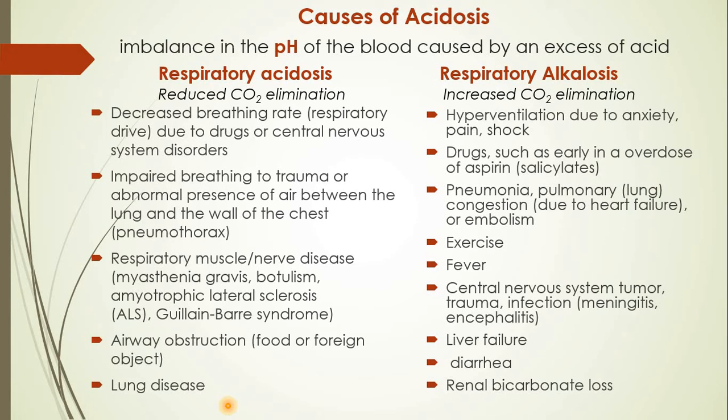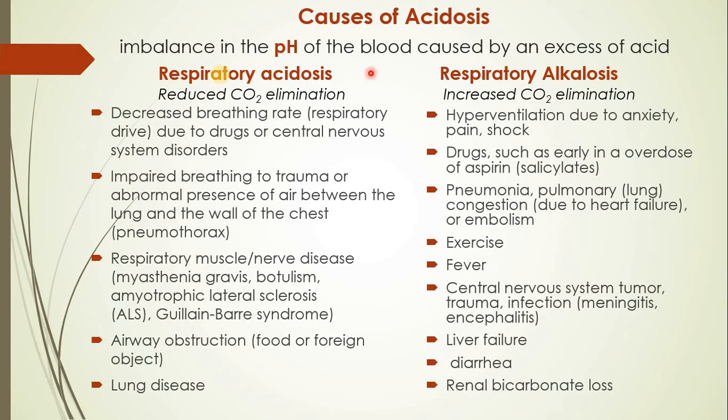Now let us see the causes of acidosis. As you know, acidosis is imbalance in the pH of blood which is caused by excess of acid. So as we are describing imbalance, it could be either low or it could be high.